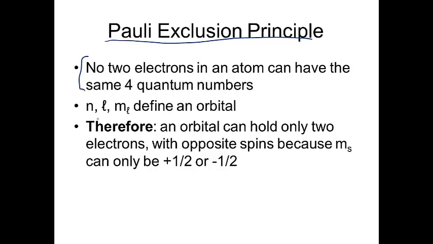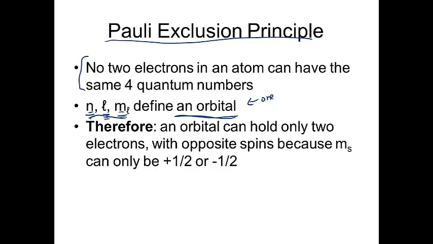We looked at the quantum numbers before, n and l and m sub l. n defined the shell, the principal quantum number. l defined the shape of the orbital, and m sub l defined which orbital in that subshell we had, and that mainly denoted the direction of the orbital. And so those 3 together define one orbital inside an atom.